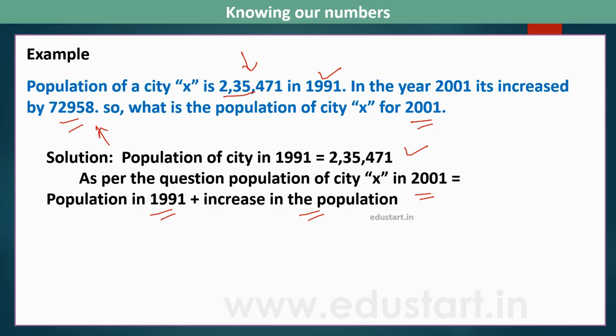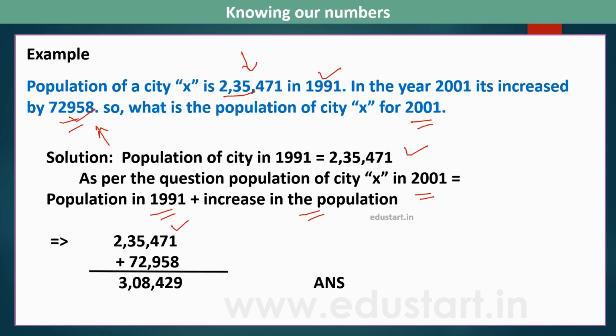So in 1991 this is the population plus the increase is this one, 72,958. So this is the total number, 3,08,429. That is the answer. I think this is clear.